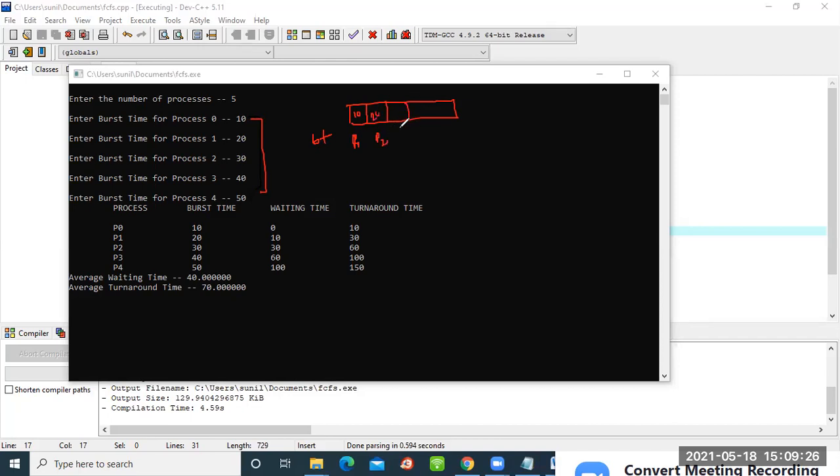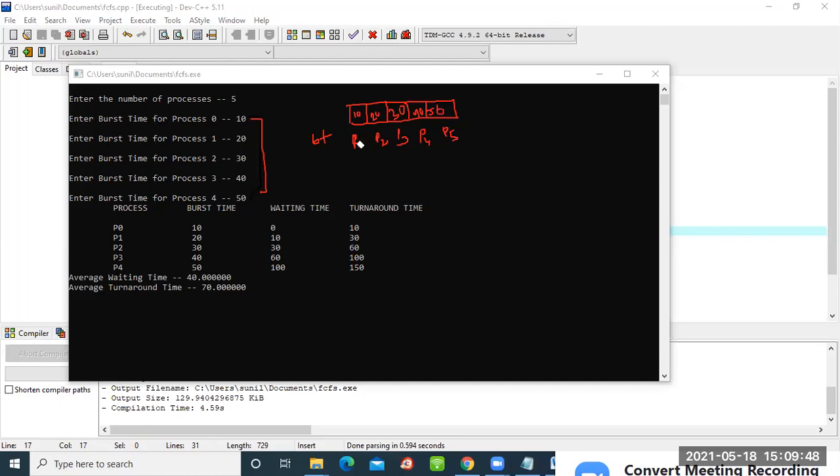Then there is process P1 with 20, process P2 with 30, process P3 with 40, then process 5.